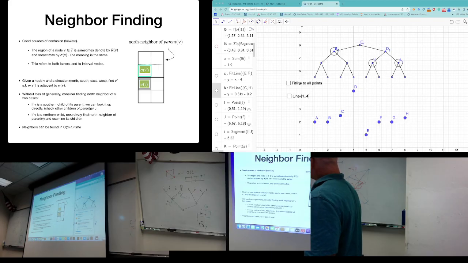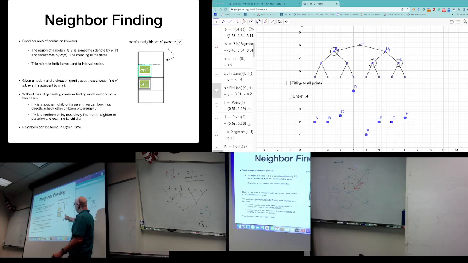I was asking: I have V, and I want to find the neighbor of the same size just above V, with the same edge length.